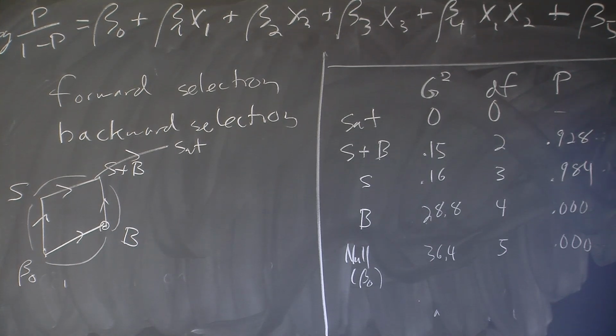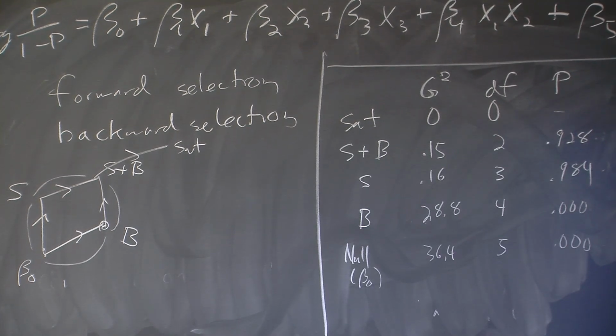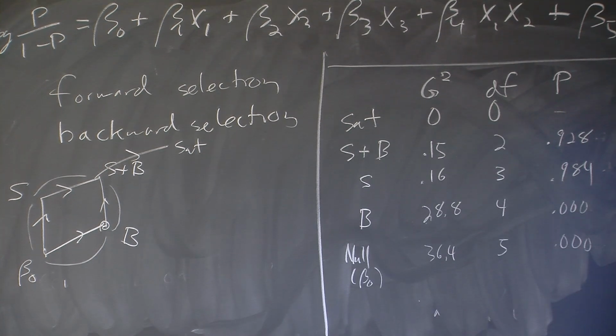So is it possible for us to choose a diagonal path, instead of moving along the line? When we choose the model, basically we're using the beta naught when we jump to the S plus B, go for the diagonal path. Is that possible? Any path.